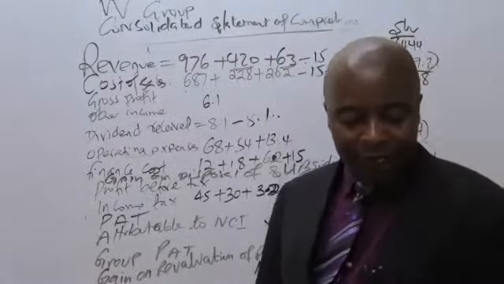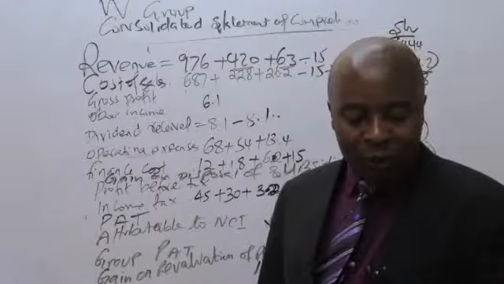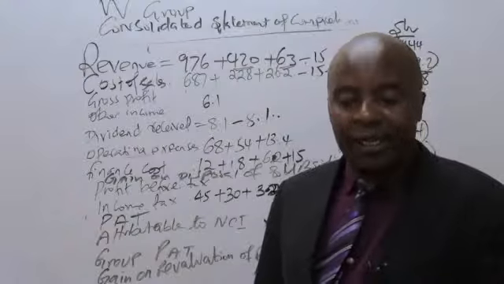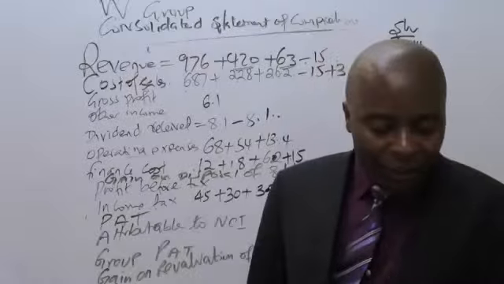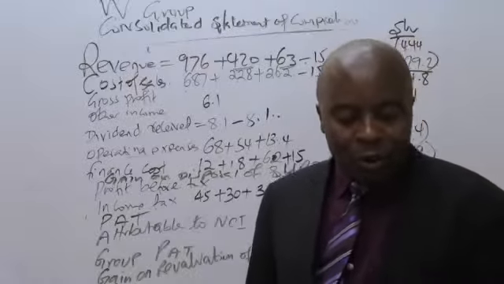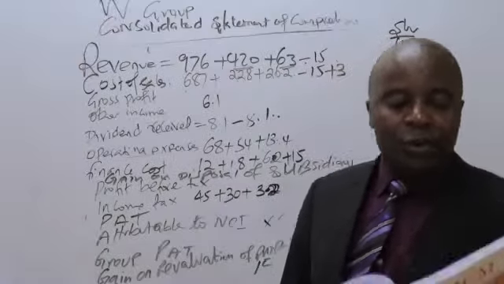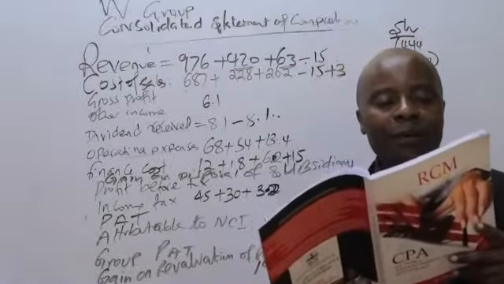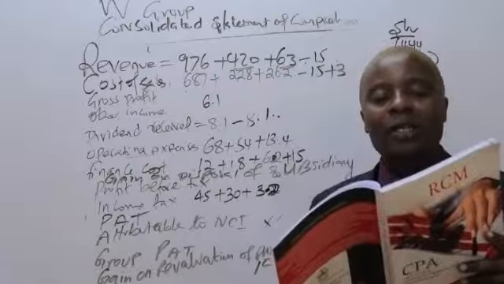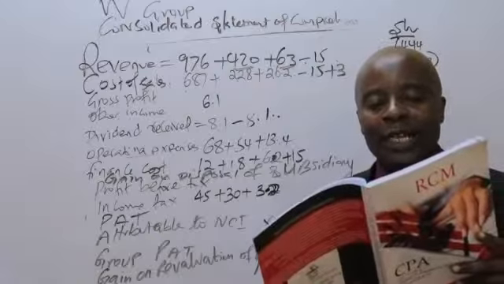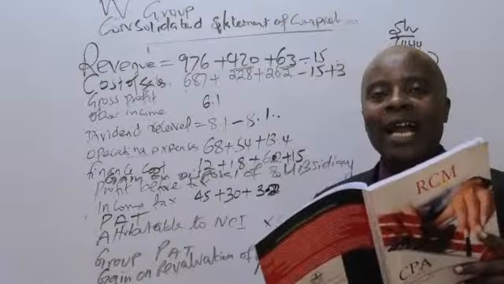Now, ladies and gentlemen, let's jump to number 1. Number 1, they want us to give them the gain or loss on disposal of shares. Remember note number 2. They told us that W Limited sold its entire 60% equity holding in S Limited at the end of the year.